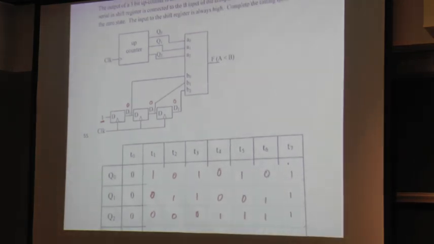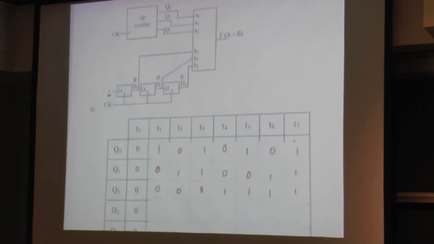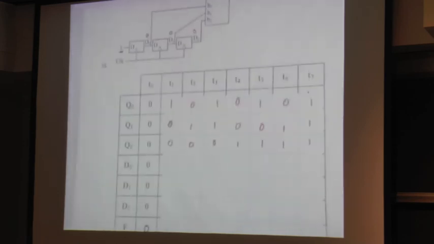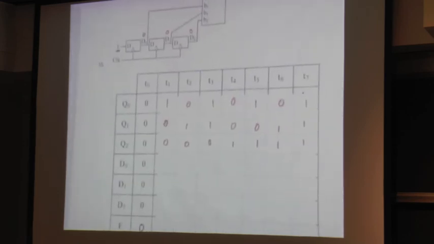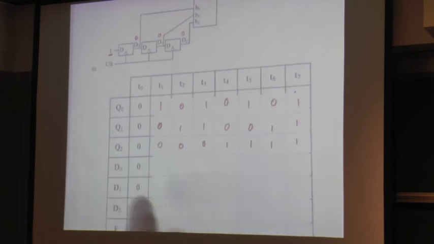And we get up to 7. At the next stage it would go back to 0, but that's all we have. So that comes directly from the behavior of the counter. Now the inputs D0, D1, and D2, the values in the shift register, start off at 0. What happens to them in the next step?